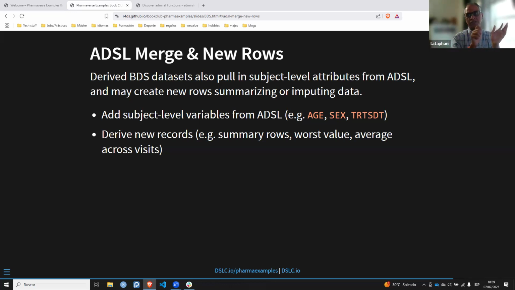So all the calculations are done at the ADaM level, so that the FDA reviewer can check the derived variables at their end, because they are going to recheck everything. Whatever you derive has to have traceability and be clearly done. So these are the two main things.